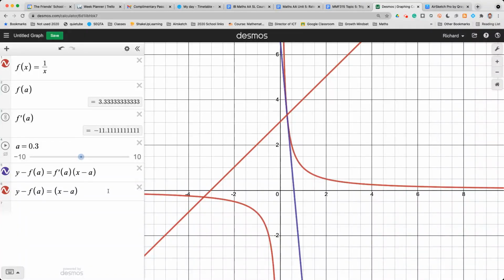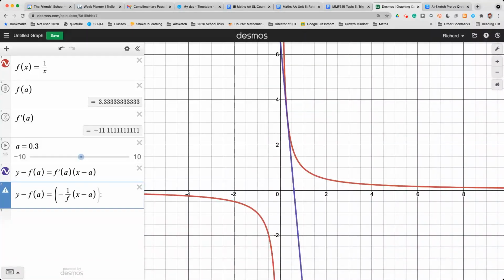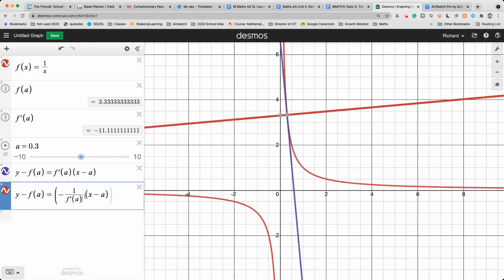I heard a -1, I heard an m. But the other way of looking at it, do you remember what I said? The other way of looking at it is saying -1 over. Yeah, -1 over. So what I'm going to do here is make the gradient -1 over f dash of a.